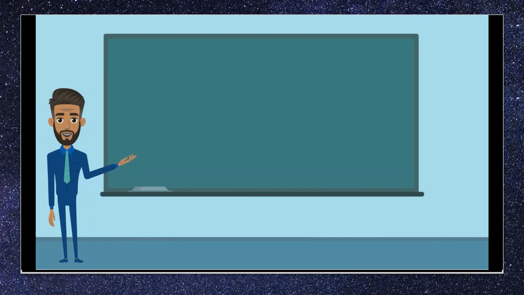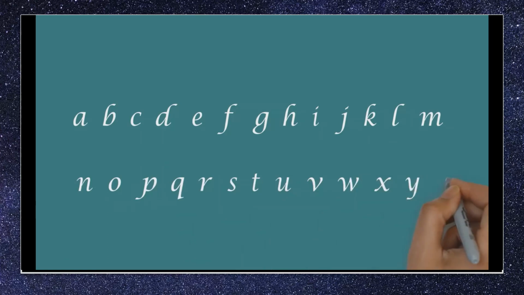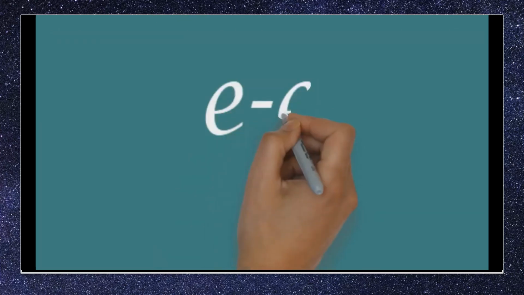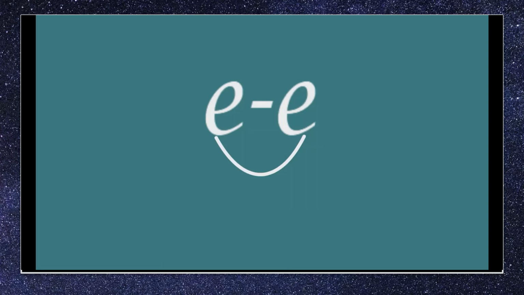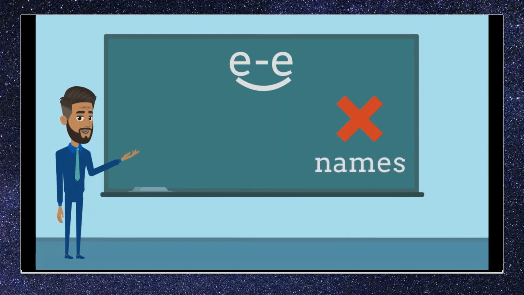Hi! Welcome back to the drawing board. Today, we're going to look at the split digraph E. So, which letters make E? There are two, E and E. Together, they make the split digraph E. Listen carefully for this sound, but don't worry about any names, just the words, as they will help us when we come to practice.